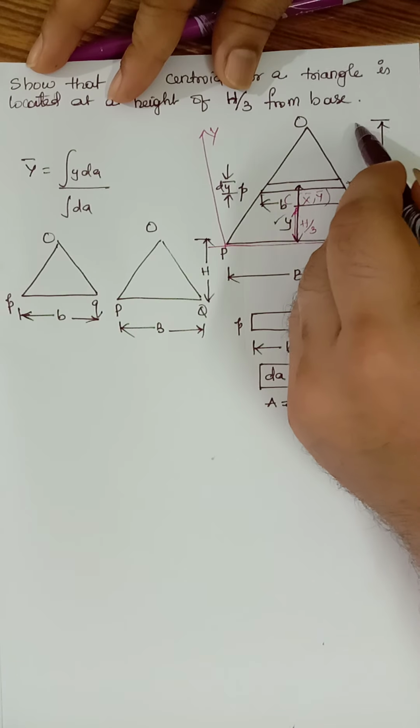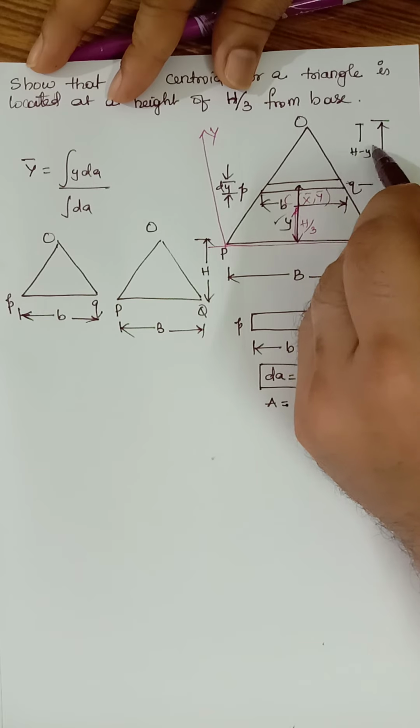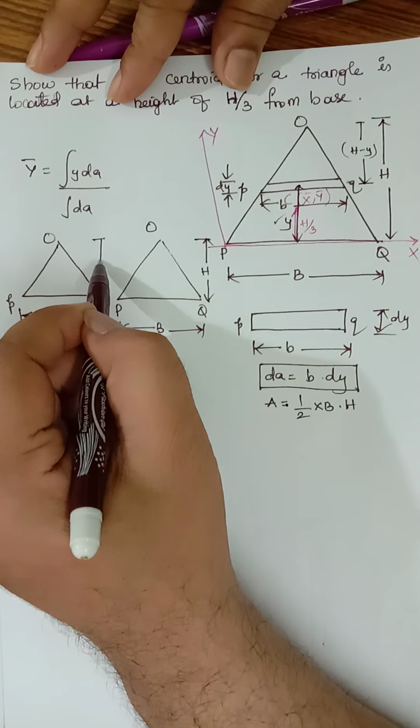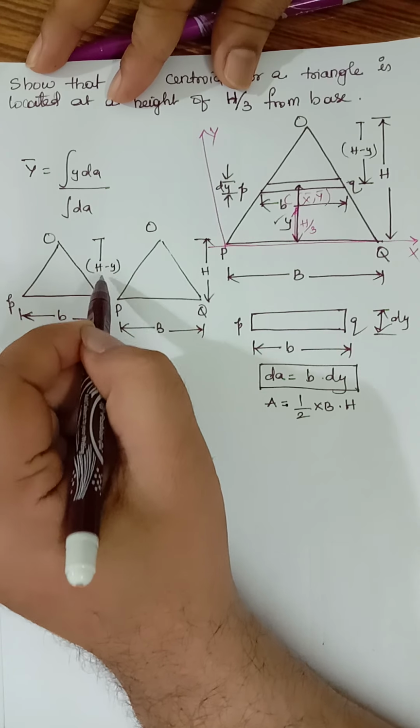So the remaining distance here will be equal to h minus y, where h minus y represents the height of the smaller triangle.